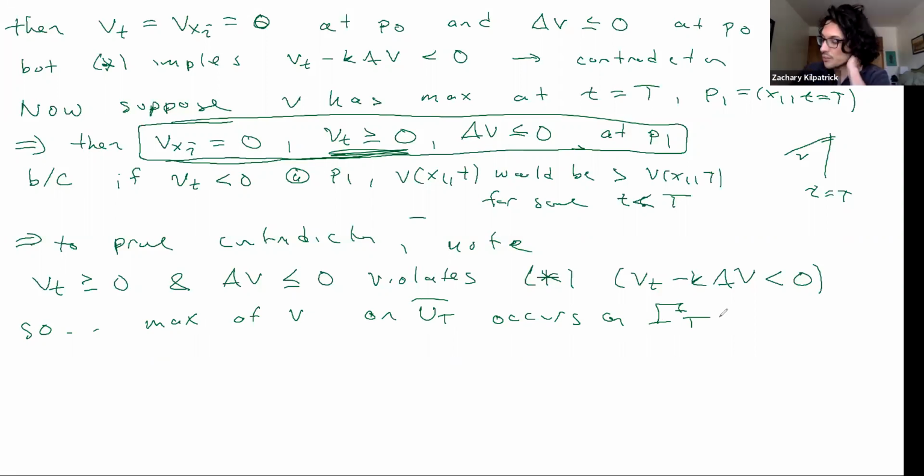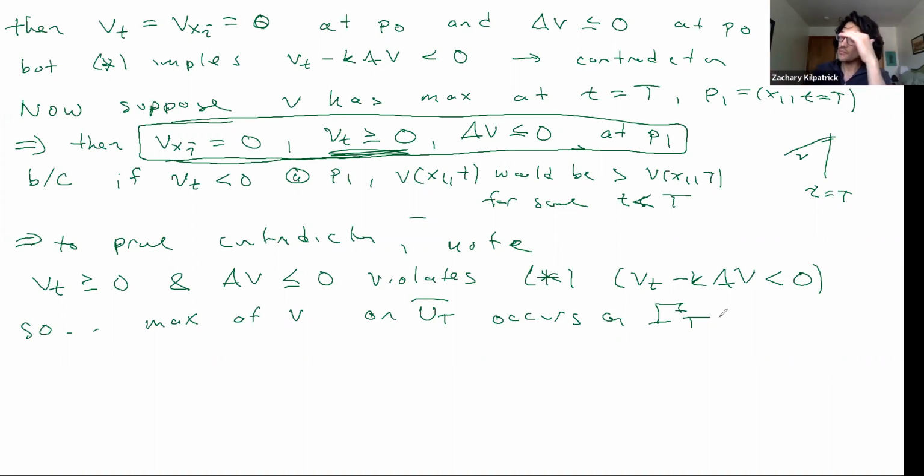So what have we shown? We've shown that this function V, which is a very mild perturbation of the function U, which is a solution to the heat equation, cannot have a local maximum either on the interior or at the time end of the boundary, right? It can only occur on the boundary in X, or it can occur at the initial condition.